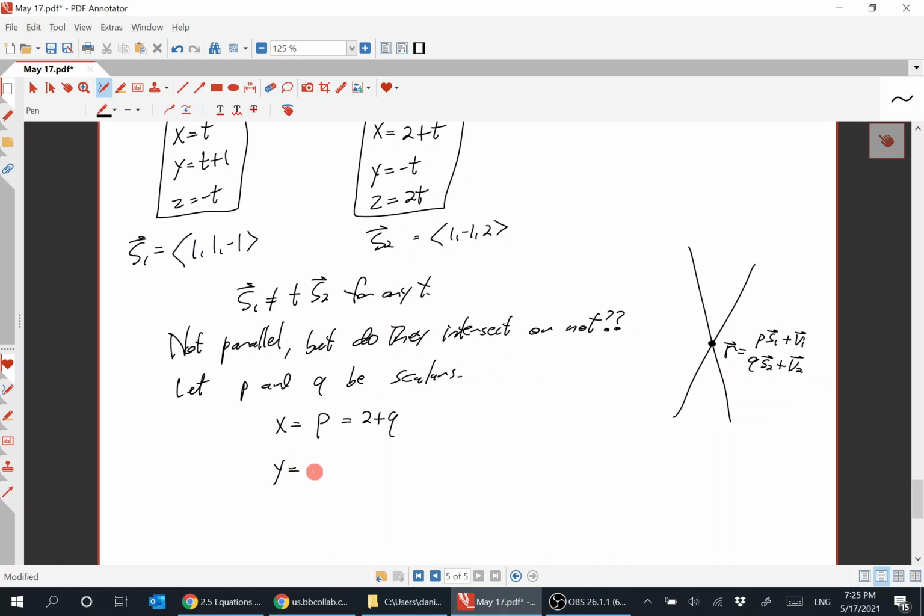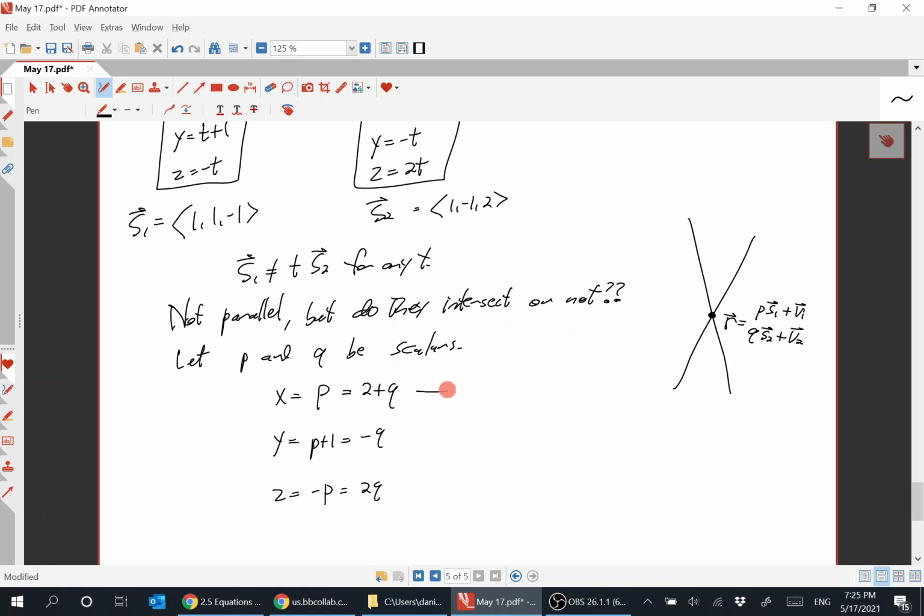Y is equal to p plus 1 minus q. And z is equal to minus p equals 2q. All right, well, these two equations tell you what? p minus q is equal to 2, and this one says p plus q equals 1.